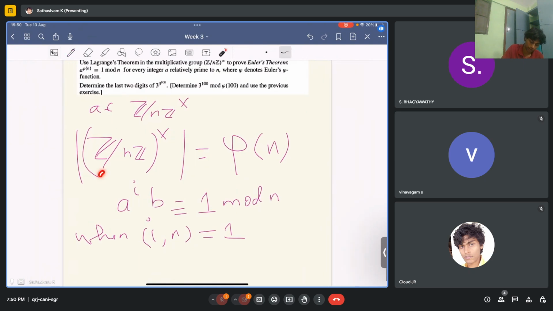If you look at Z mod nZ star, these are all the elements which have an inverse, and the inverse only occurs when i is co-prime to n. Okay, so probably that is one statement. Maybe I'll just assume it for now.